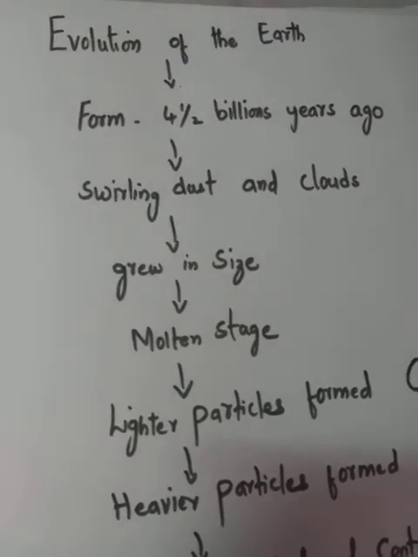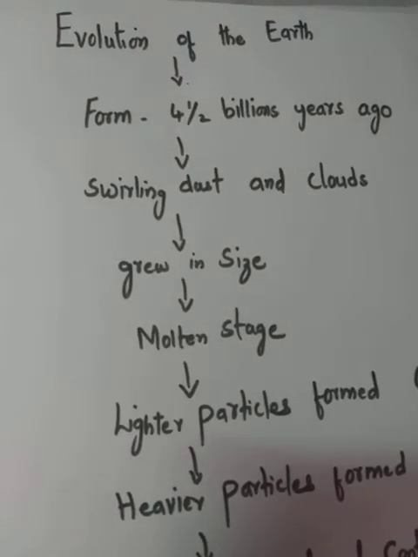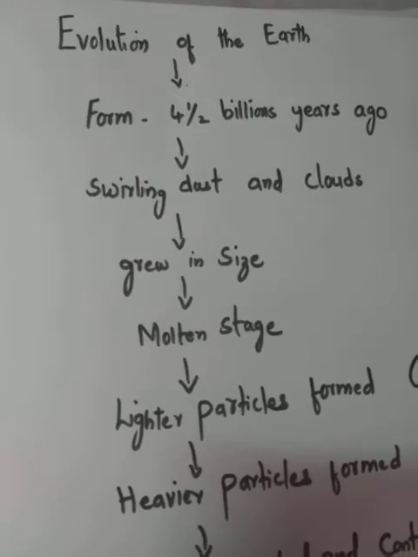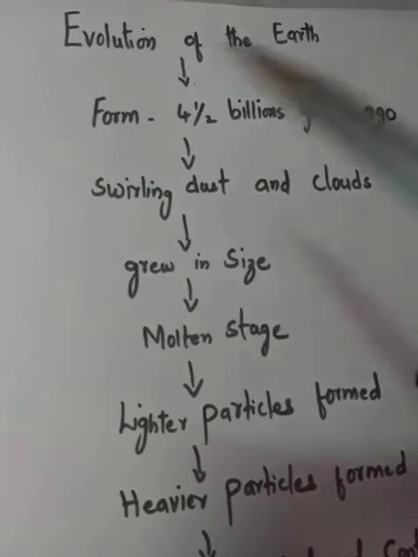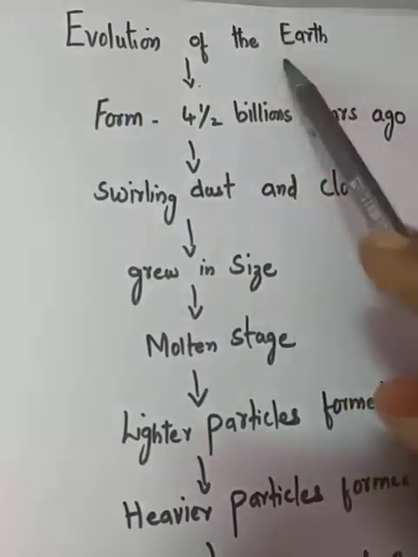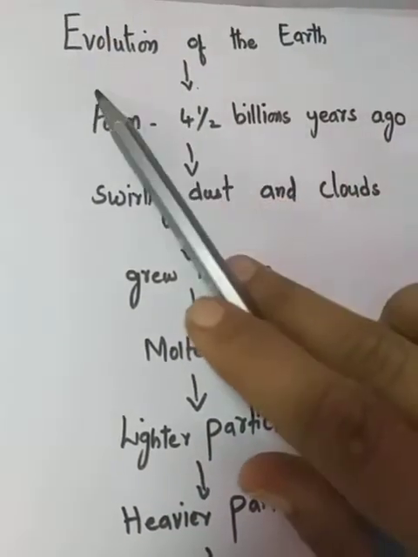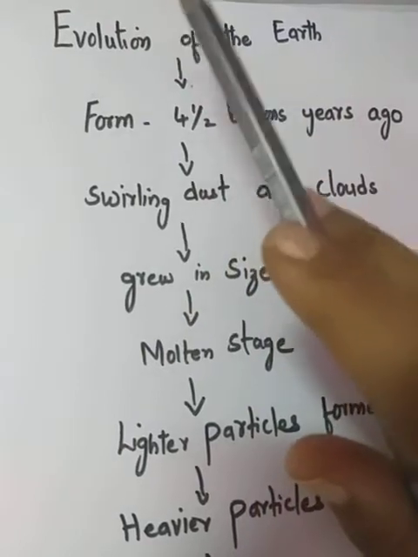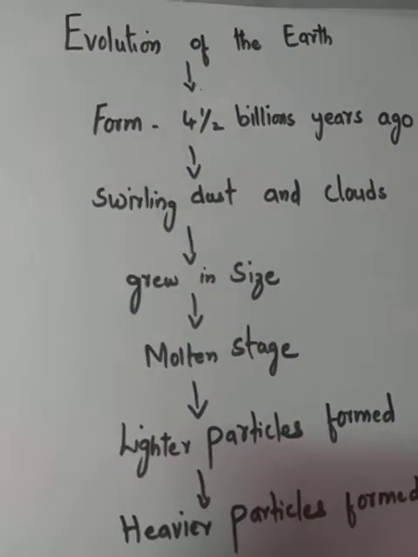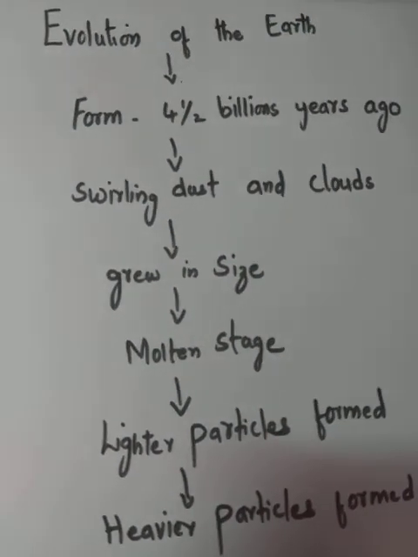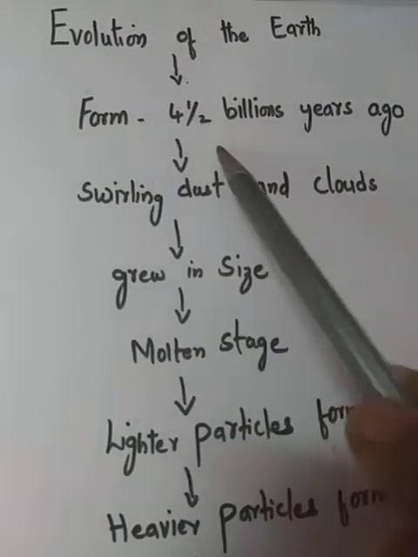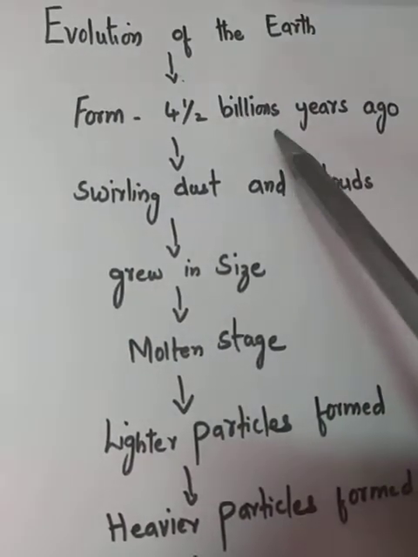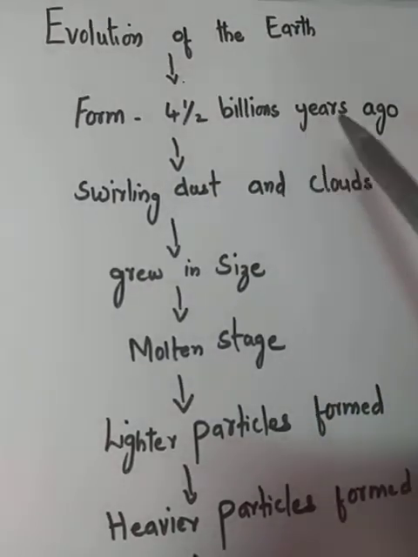See, how did the Earth come into existence and get its present form? Means the process of evolution of the Earth. The Earth began to form around 4.5 billion years ago.